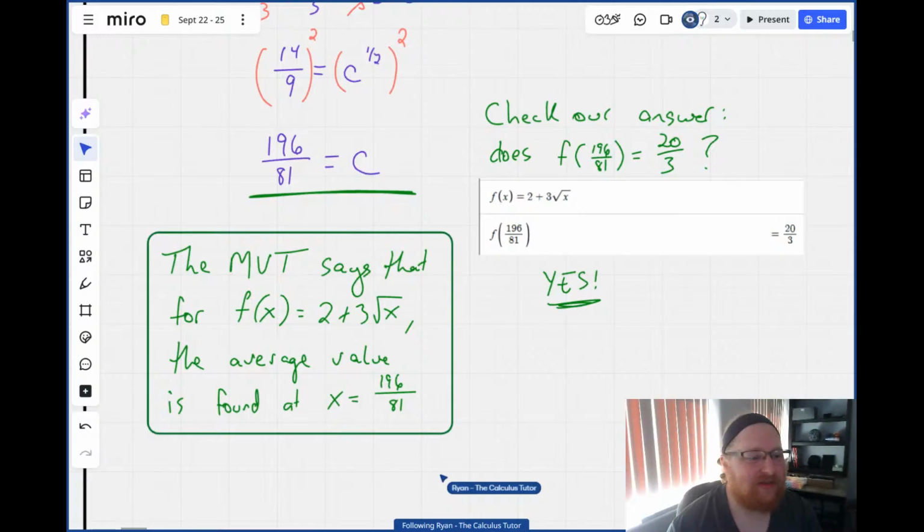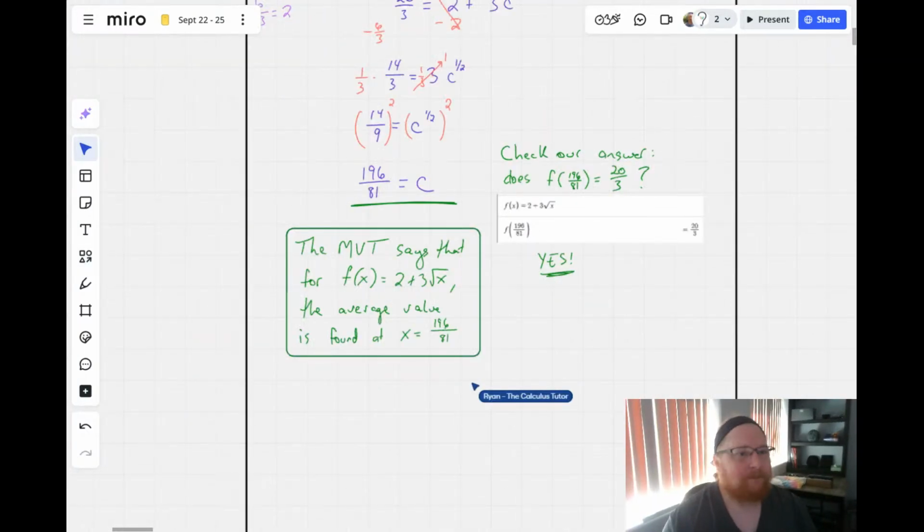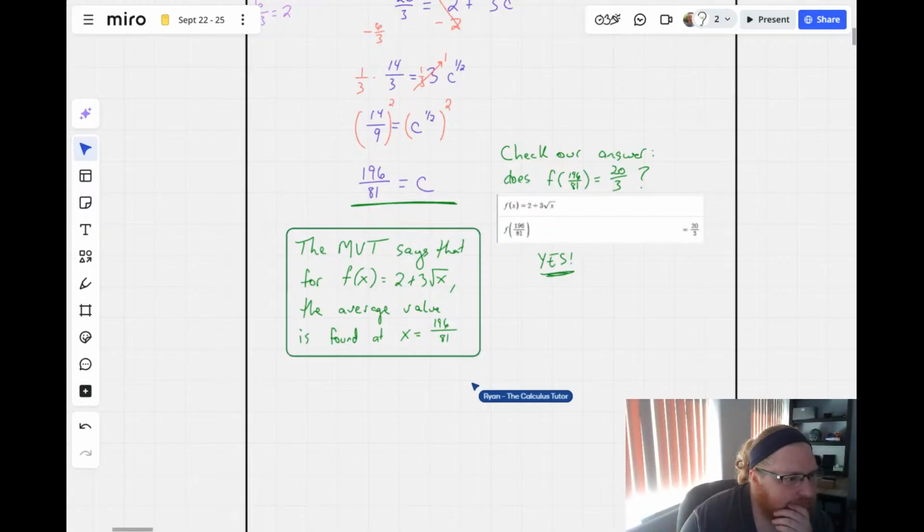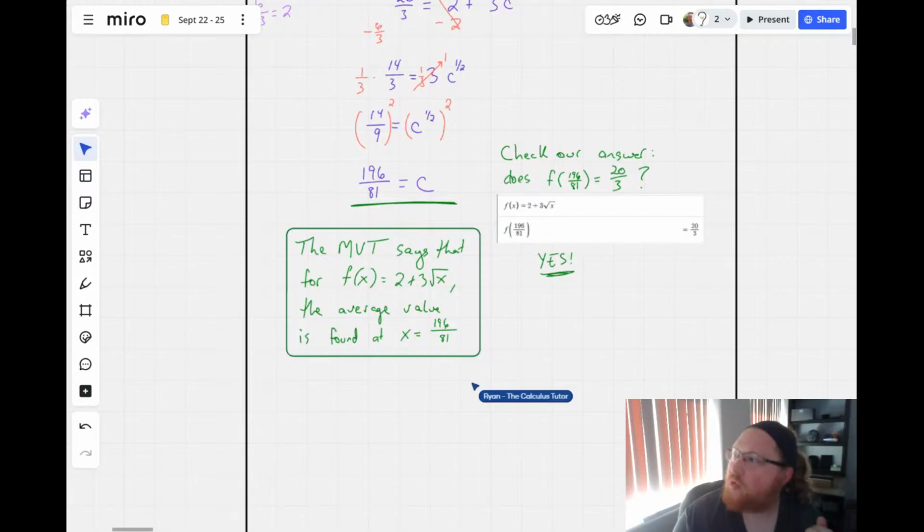Fantastic. Mean Value Theorem stuff. What else? Let's see. Let's find. Oh, what about solving rational equations? I have some notes about that in here.